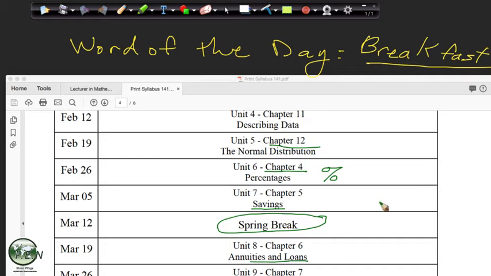Actually, I just looked. I think chapter 7 is Venn diagrams, and chapter 3 is linear functions. So this should go down here, and that goes up there. A little error in the syllabus, but we'll figure that one out when we get there.